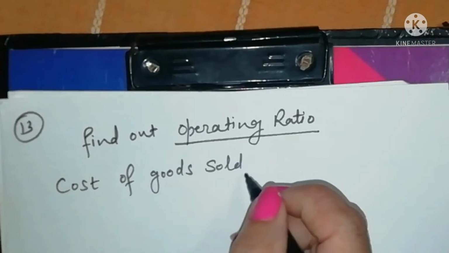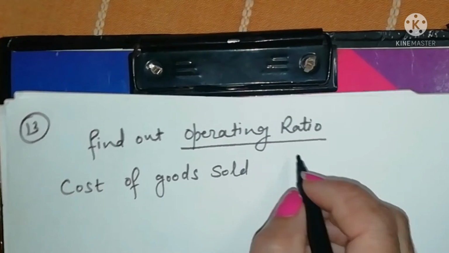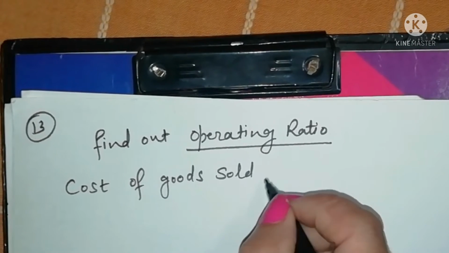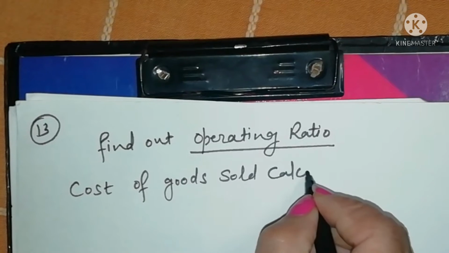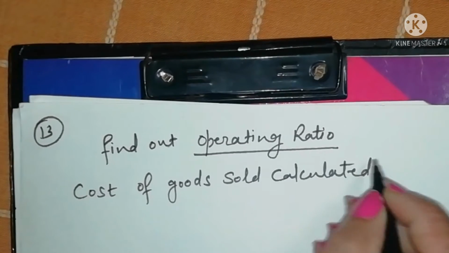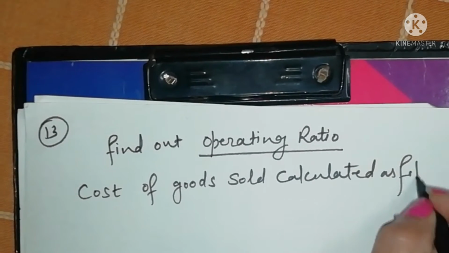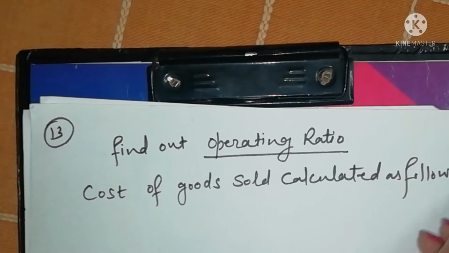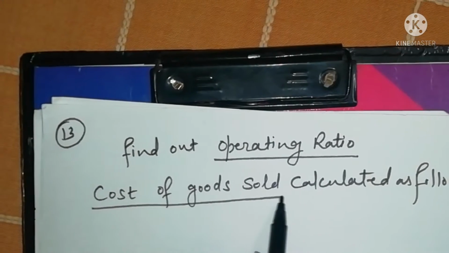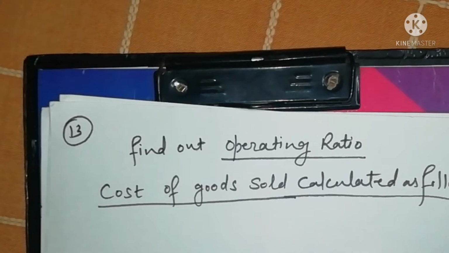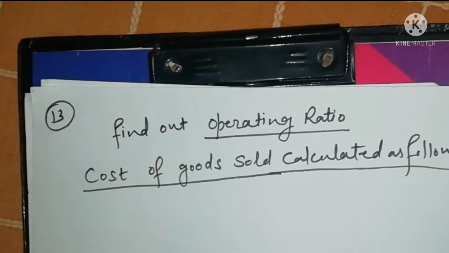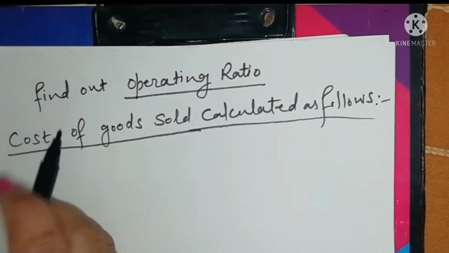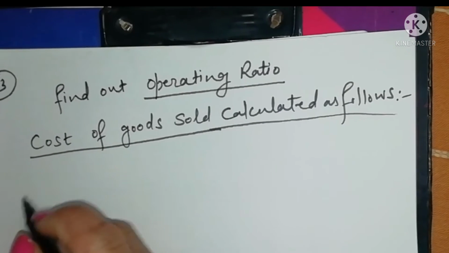On the basis of this formula, we must know which value is available and which value is not available. So cost of goods sold is required. First of all, we have to calculate the value of cost of goods sold, because with the help of cost of goods sold we can calculate the value of operating ratio.